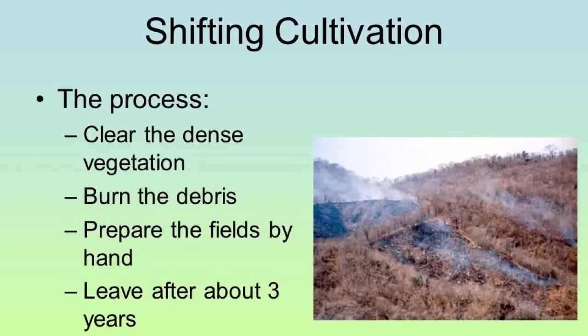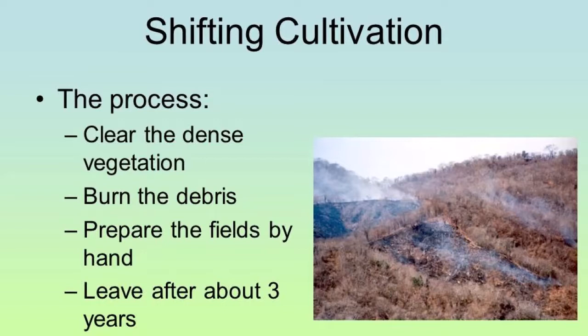Shifting cultivation is mainly practiced in the forested areas, which are generally regions with heavy rainfall, that is, the Amazon basin and parts of Africa. The land is cleared by cutting and burning bushes and trees.